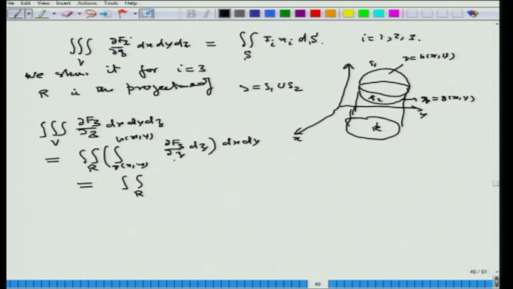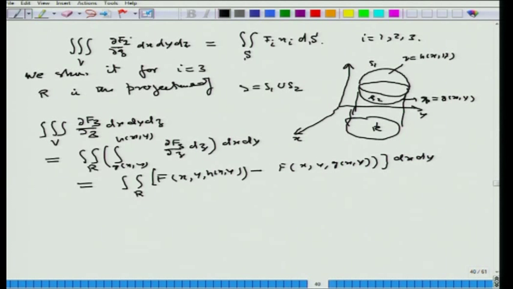So, z differentiation and integration will cancel each other, and we will get the bounded terms: f 3 evaluated at x y h x y minus f 3 evaluated at x y g x y, dx dy.